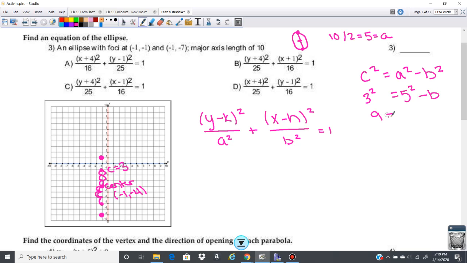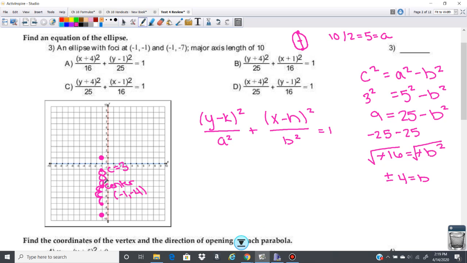So 9 equals 25 minus b squared. If we subtract 25, that gives us -16 equals -b squared. Divide by -1, which makes these both positive. Take the square root. So b is going to be plus or minus 4.